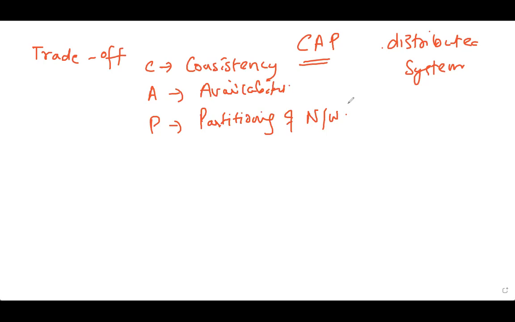Usually we go for AP or CP systems. Either we go for an available and partition tolerant system, or a consistent and partition tolerant system. We do not go for CA systems, because partitioning is important. What if the network got partitioned?